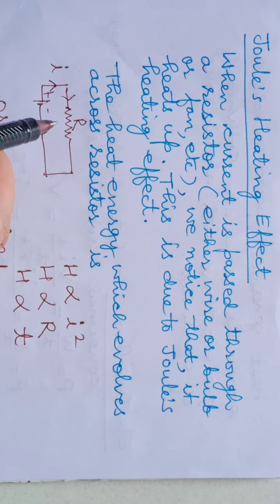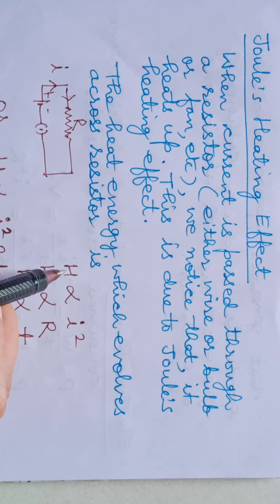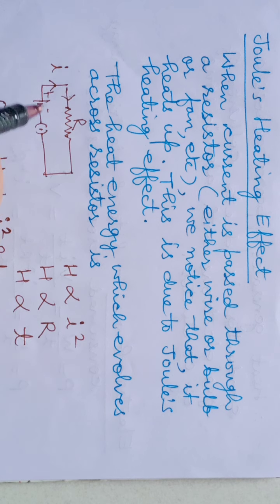Then the heat which appears across this resistance is directly proportional to the square of the current flowing through the resistor.